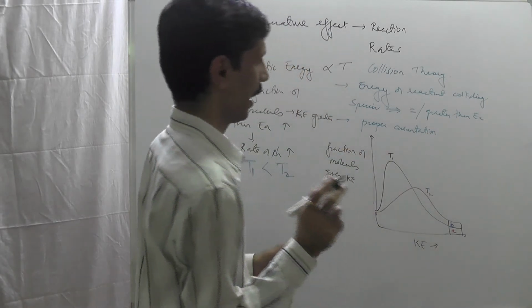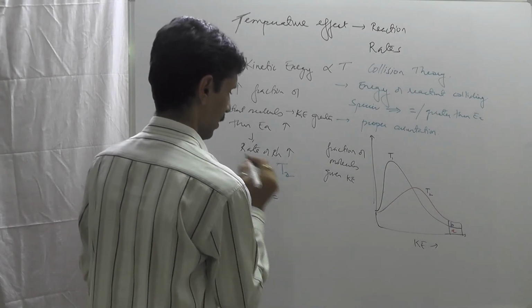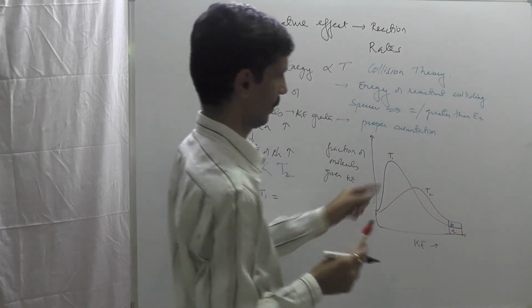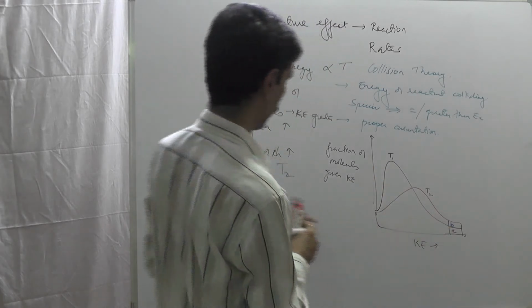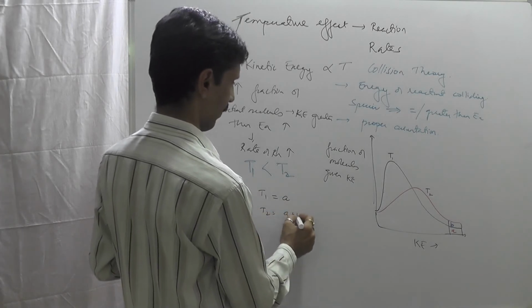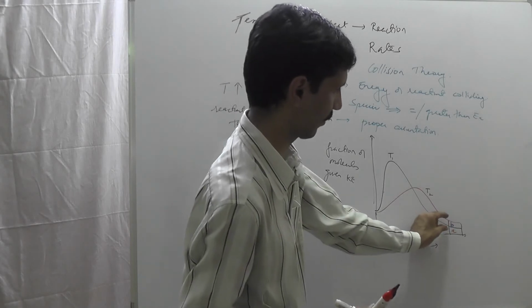Now you will see that at T1 the fraction of the molecules is related to only A. But when you talk about T2, it is equal to A plus B. Okay, both A and B are there, that much is the fraction of the molecules.